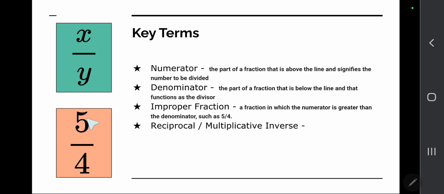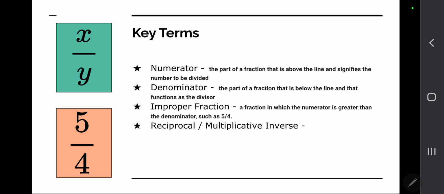We have 5 that is greater than, then the denominator, my bad, 4. 5 is greater than 4. And sometimes when we take the reciprocal of a fraction, we'll end up with an improper fraction. So that's just something to keep in mind and keep our eyes open for. And improper fractions, we can always change into a mixed number, when we have a whole number and then a fraction with a numerator and denominator.